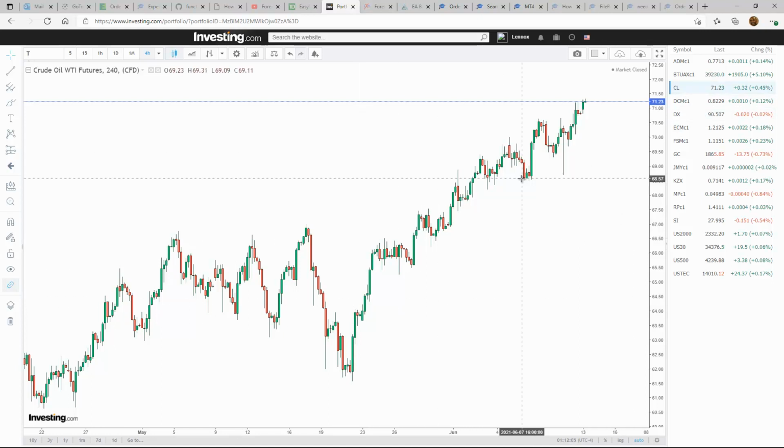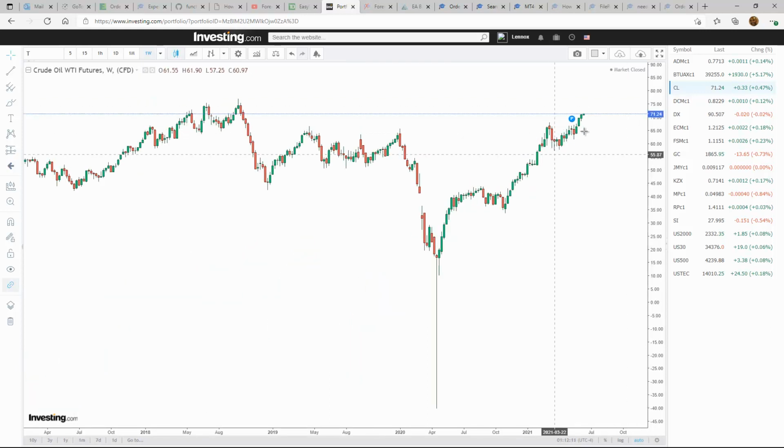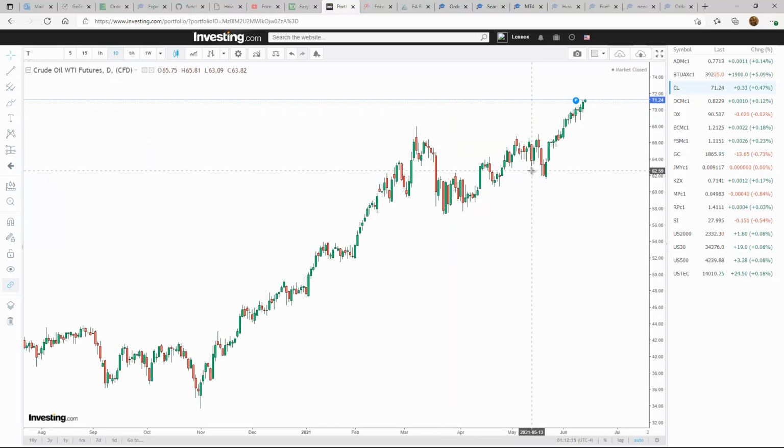So this is what's going to be happening with crude oil. It's going to be very strong as it continues. You can see the strength in it is very real, and I don't see anything stopping this from its move at this point. So lots of strength in crude oil going into summer time here.